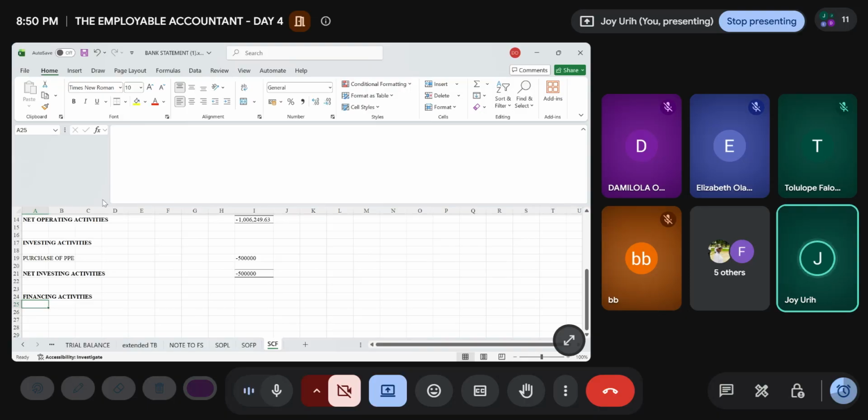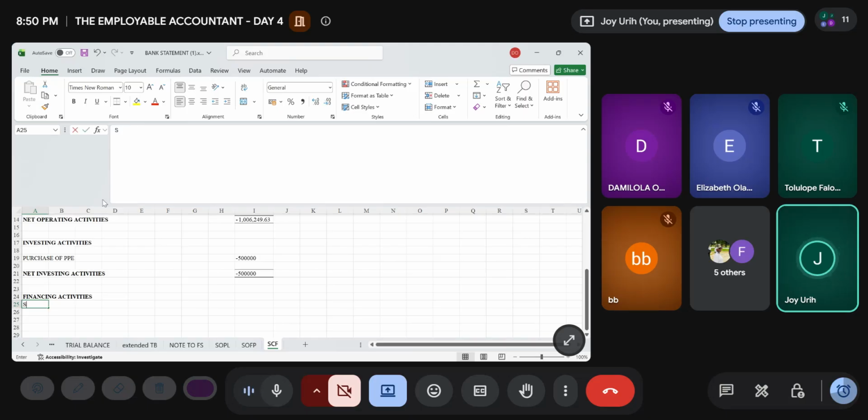So share capital is one of it. Loan borrowed is one of it. Debenture, bank overdraft, all of these funds the financing activities. What's the fund being used for? To finance the business. The funds come under the financing activities.